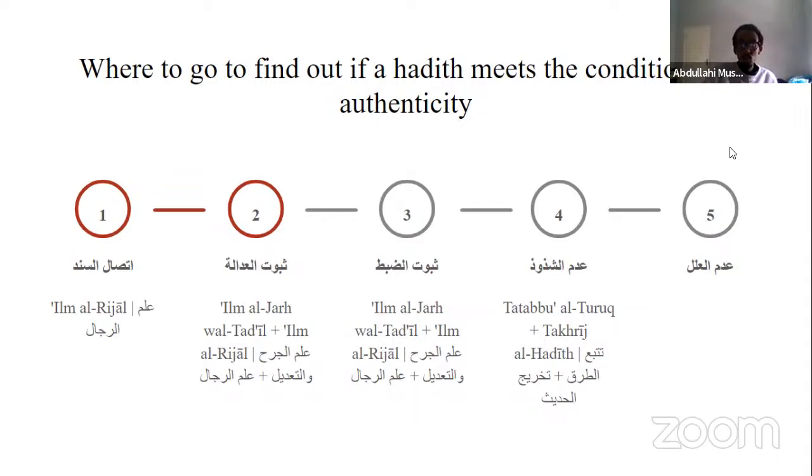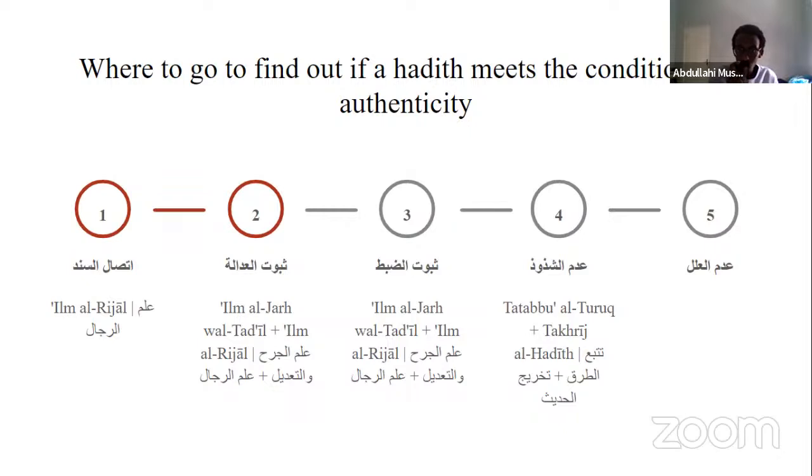And then if you want to check the integrity of a narrator, thubut al-adala, you go to ilm al-rijal, the same books, but normally within the biographical entry of a narrator, they will either praise the narrator or critique the narrator.